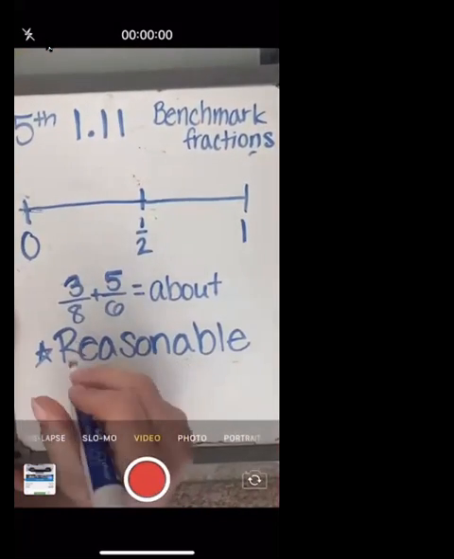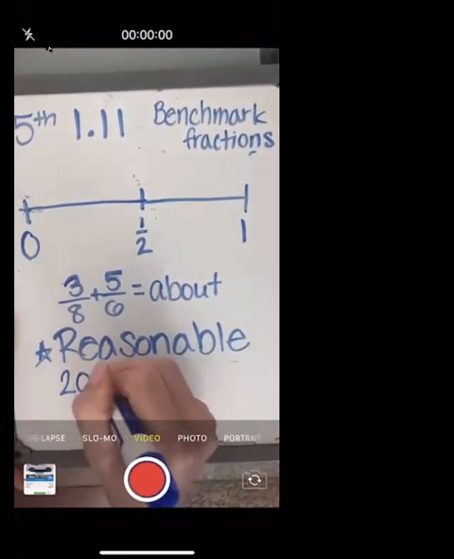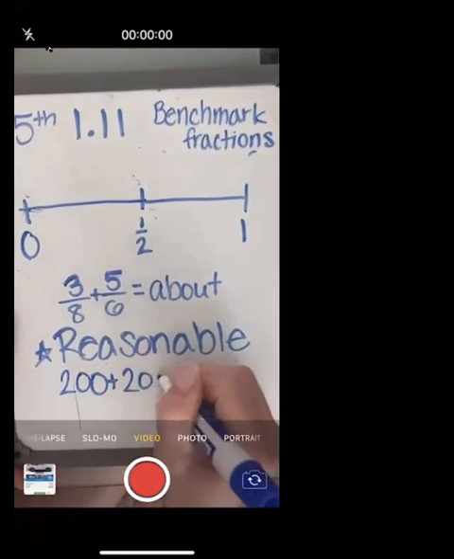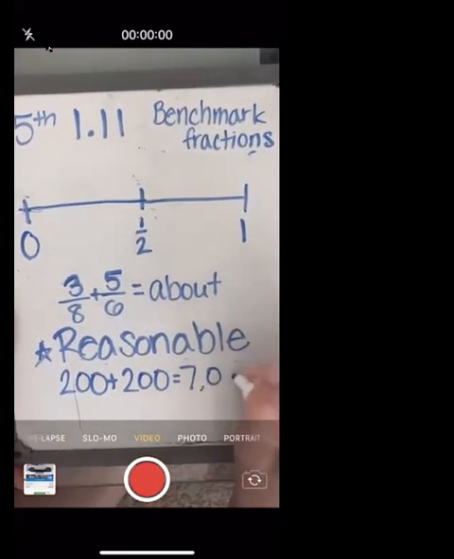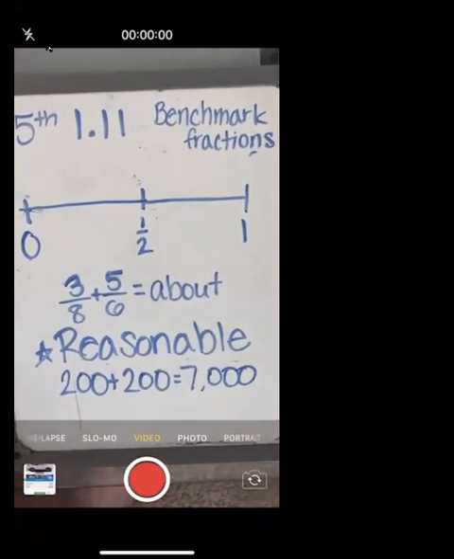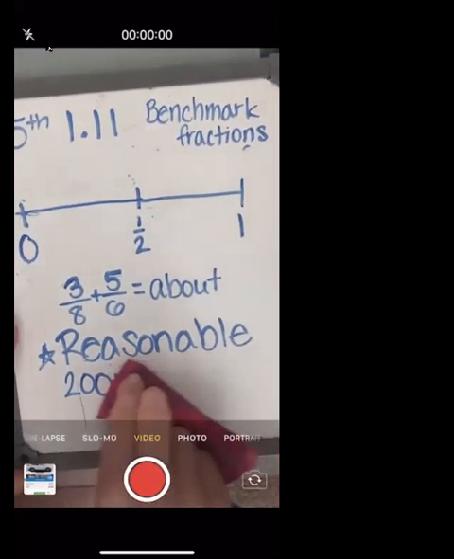So think of if I was to ask you, 200 plus 200, is 7,000 a reasonable estimate? I hope we don't say yes to this one, right? It's not reasonable because you guys know it's 400. It's nowhere near. But what if I gave you a trickier problem?